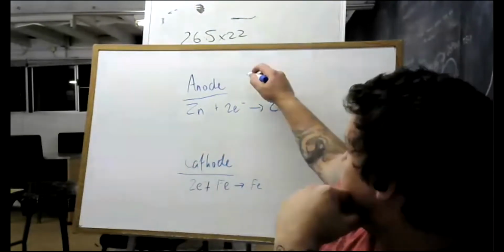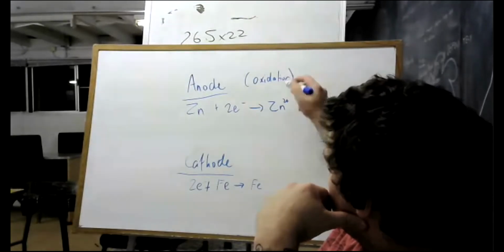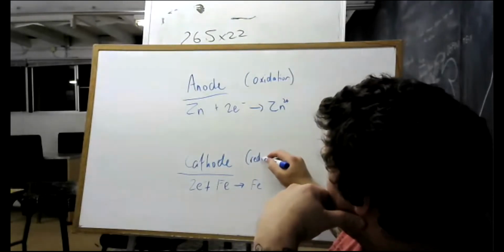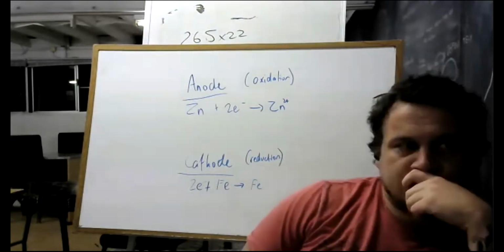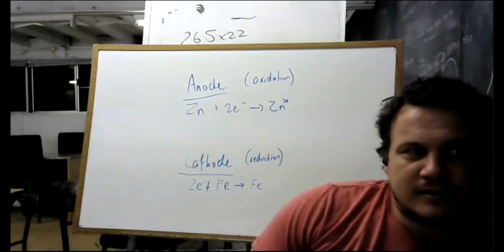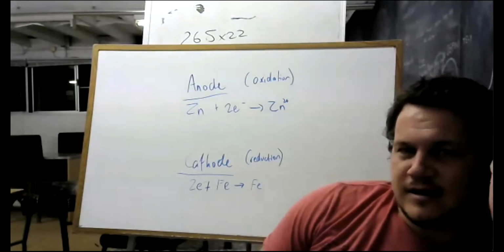So we've got oxidation. And here, reduction. So why do we have a shiny anode?